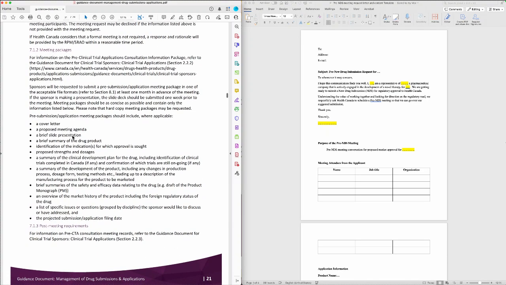So here, we have to have a cover letter, and the cover letter has a template given to us by Health Canada. That's the one that you can see on the right side of your screen. So we are going to go over this as well.